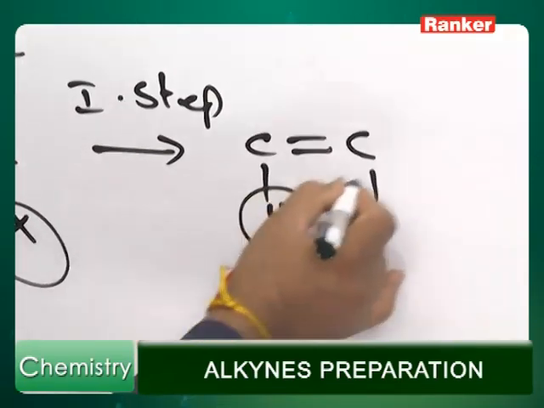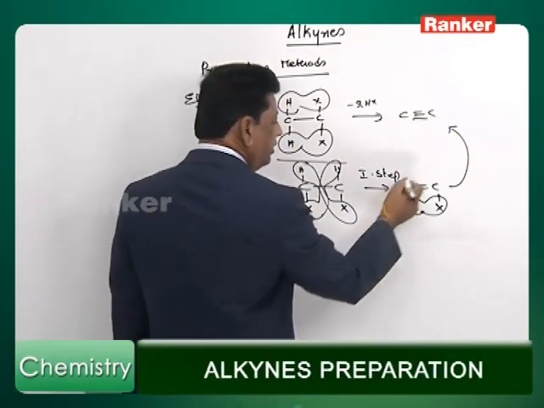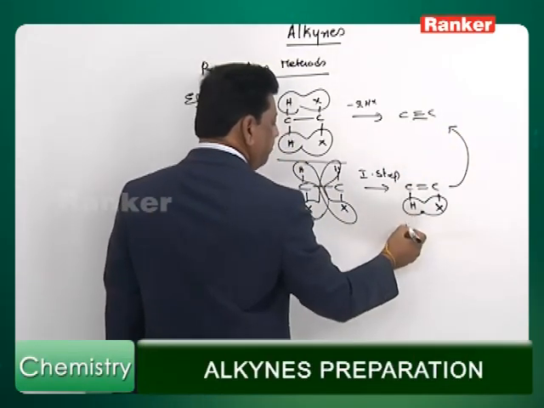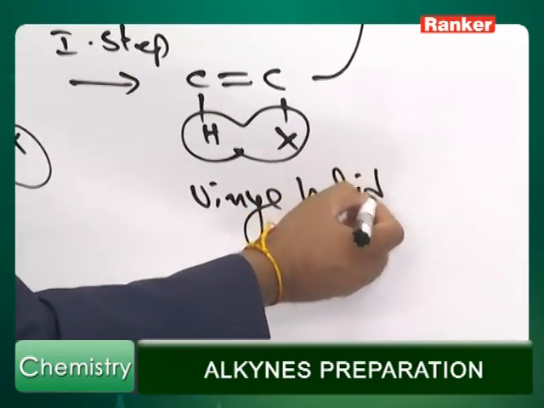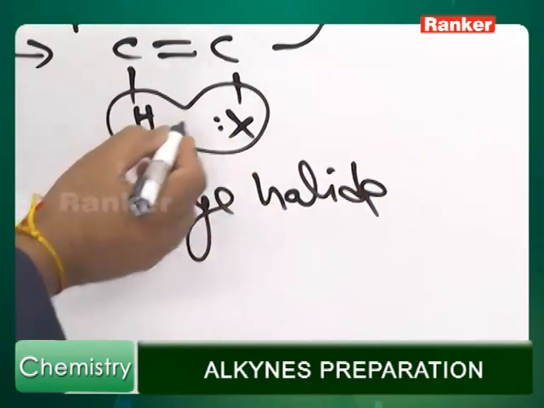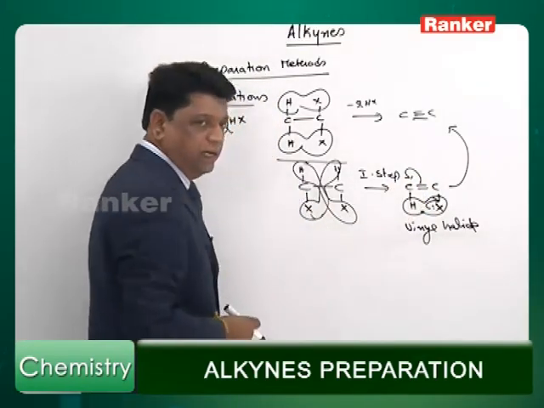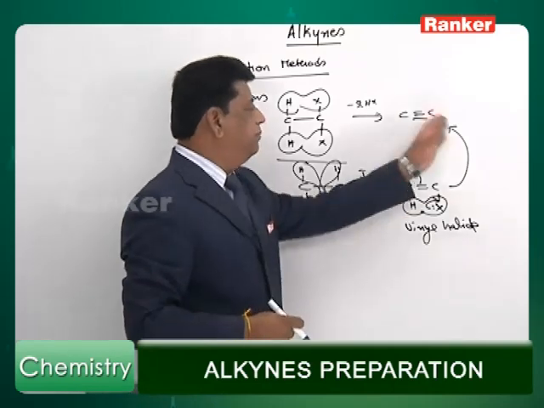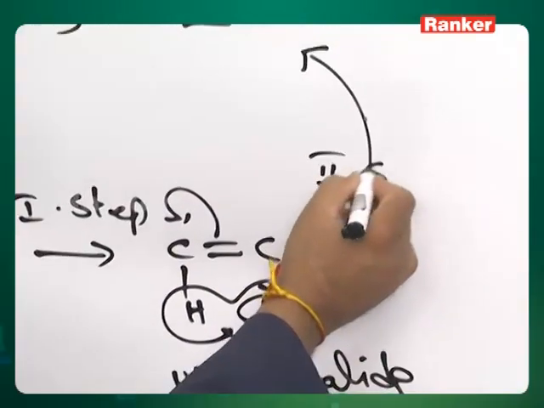In the second step, 1 more HCl will be removed, and you will get the acetylene. The product formed in between is called vinyl halide. Vinyl halides have some special phenomena. Having a lone pair, they can show resonance and get stabilized. Therefore, the second step will be slightly difficult when compared with the first step.